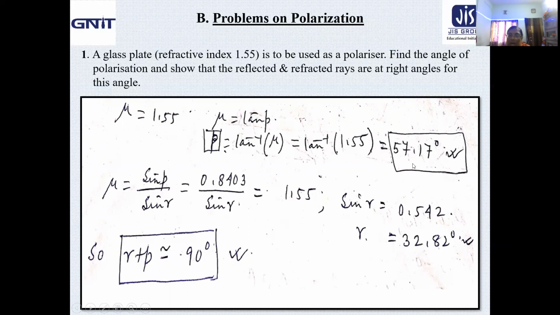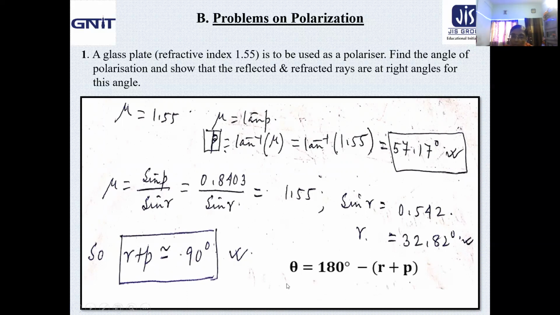Now add r and p. R plus P: r is 32.82 degree and p is already found out. R plus P equal to 90 degree. So what about the angle between reflected and refracted rays? R is the angle of refraction. P is the angle of polarization, that is the angle of incidence and angle of reflection both.